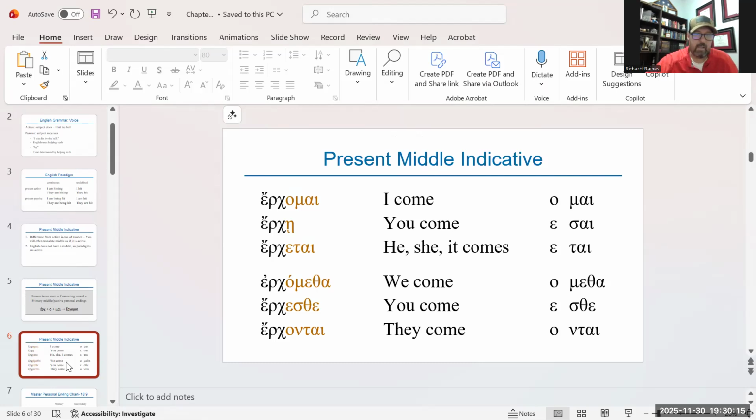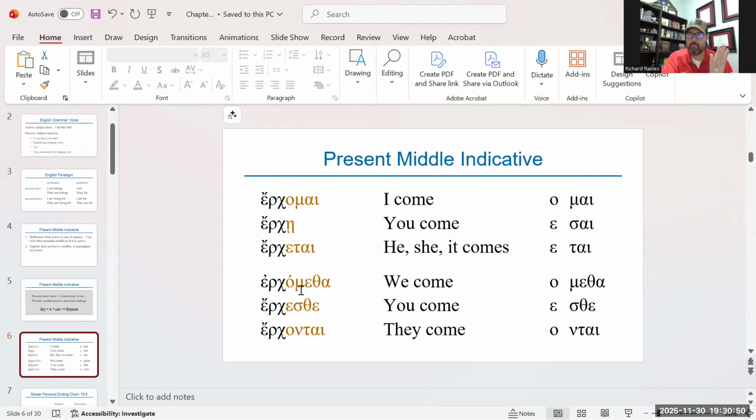On the other hand, if you see the word luometha, if I say parse luometha, you're going to say PM/PI 1P luo. And the reason you're going to say luo and not luomai is because luo, the vocabulary word that you learned, has an active form.